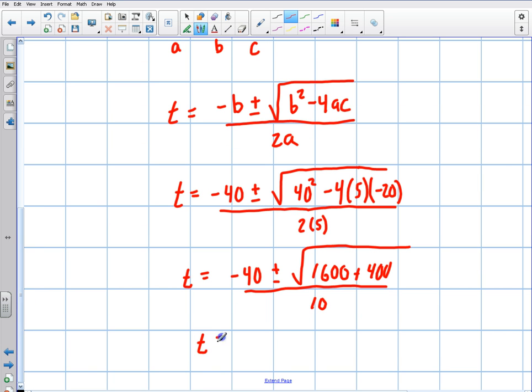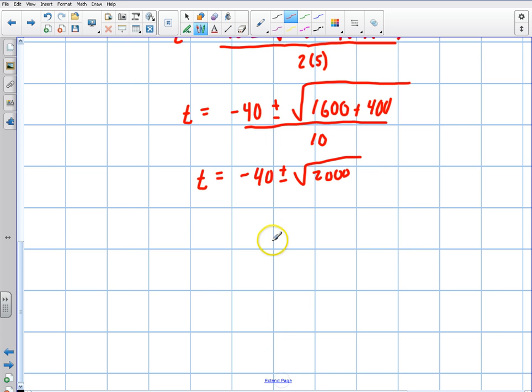Simplifying one more step, I'm going to have negative 40 plus or minus the square root of 2,000, all divided by 10.